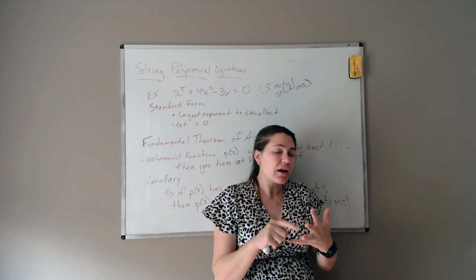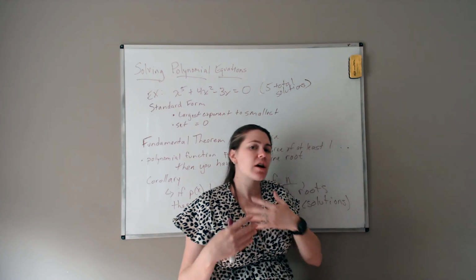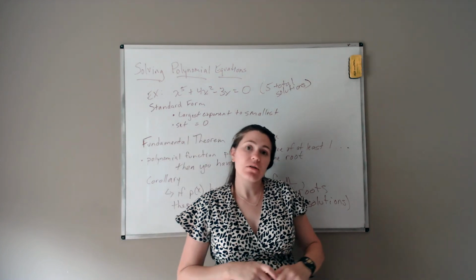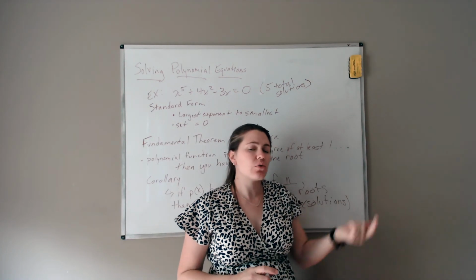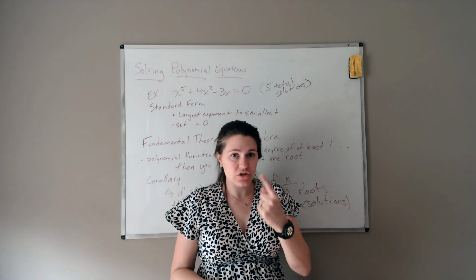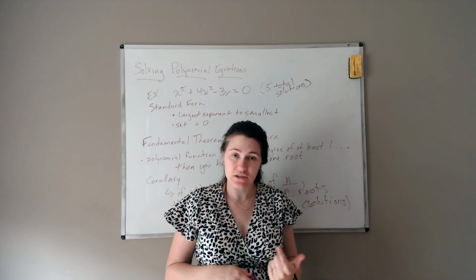So that technically counts as 2. So every time you solve a quadratic, you're technically getting 2 answers. They're either going to be 2 real, 2 imaginary, or 1 distinct answer, but you get that same answer twice.